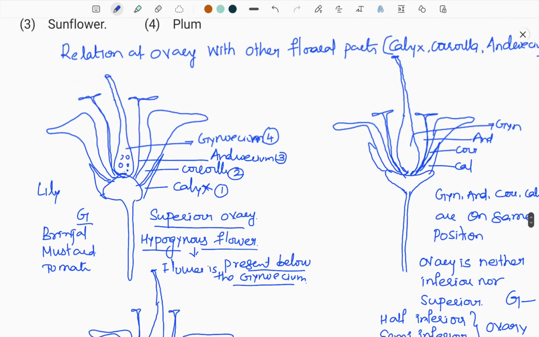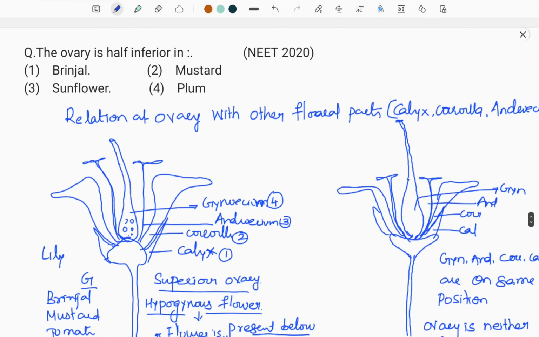So let us see the question here. The ovary is half inferior in. It's not brinjal because brinjal is superior ovary. It's not mustard because mustard also has superior ovary. It's not sunflower because it is an inferior ovary. So let me write the symbols here.